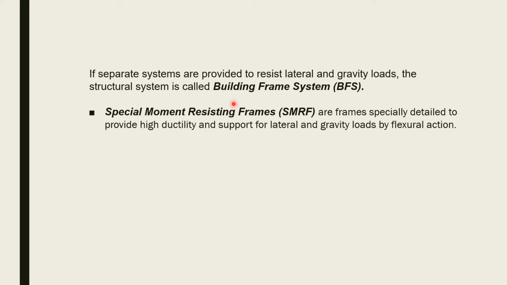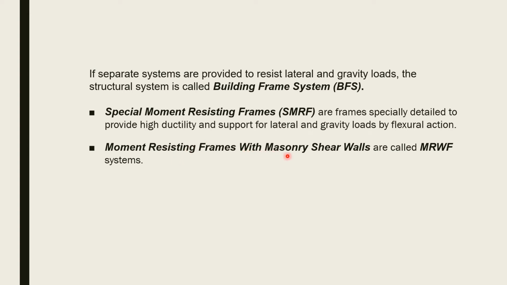The difference between ordinary design and special moment resisting frame design is detailing. Details mean a sketch of reinforcement, number of bars, spacing of stirrups. So we detail in such a way that there will be a lot of ductility and a lot of energy dissipation. Then that type of member is called a special moment resisting frame.